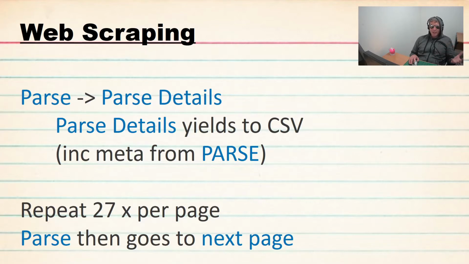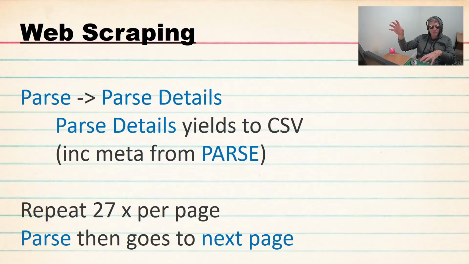Anyway, parse will then yield to parse details, which will extract any additional information that wasn't on the parent level on the first page. So you drop down into the details page, and parse details will get the additional bits, and it will then bundle in, using meta, any details that were already extracted from the parse method.